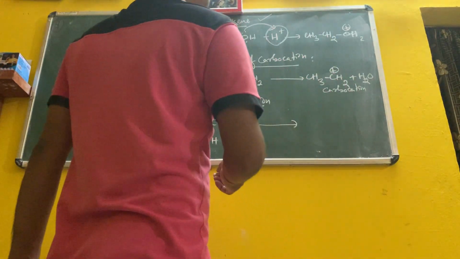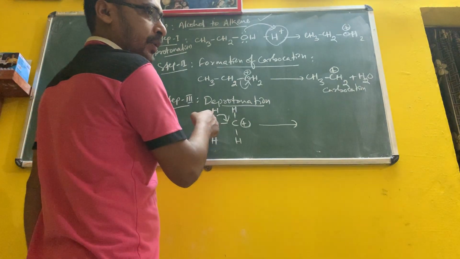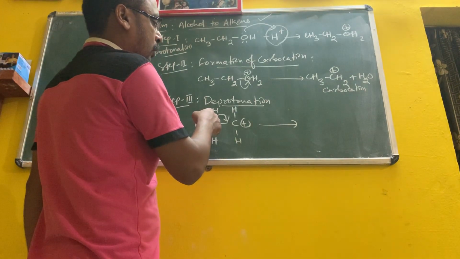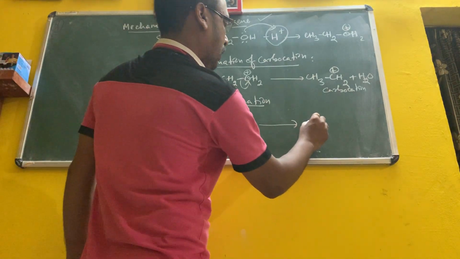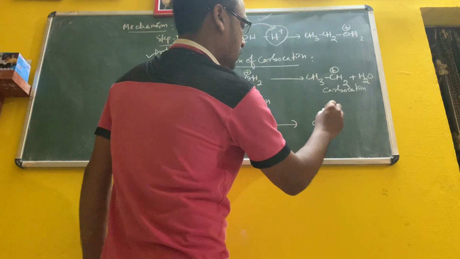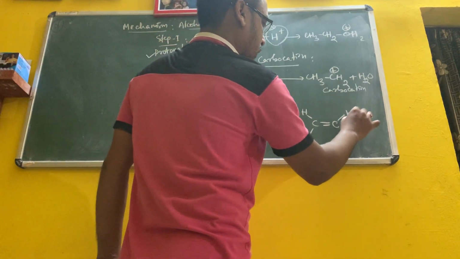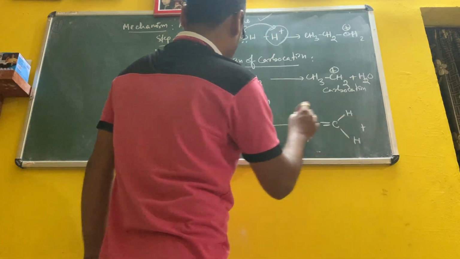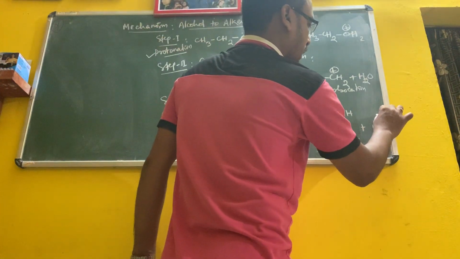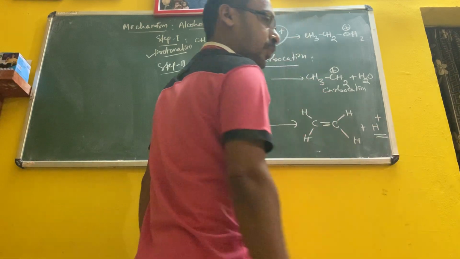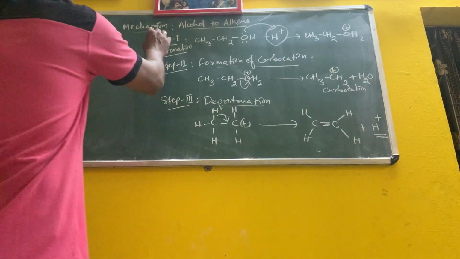By hyperconjugation, the electron of the carbon-hydrogen bond will go to the vacant orbital of this carbon. It will form C double bond C, and the hydrogen will leave as H plus. This is known as removal of proton, or deprotonation.